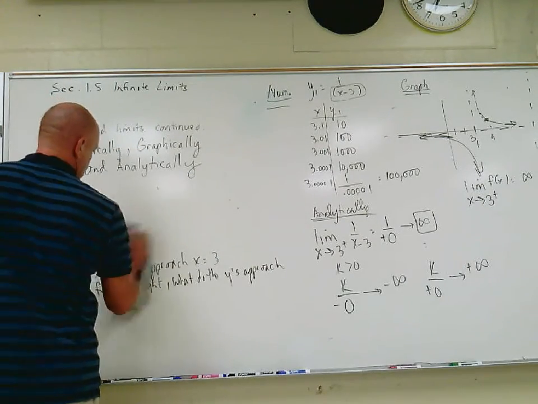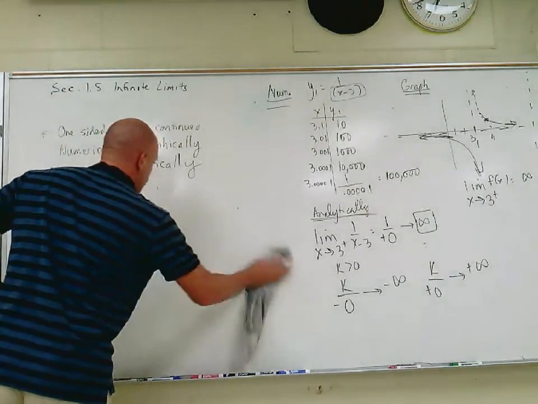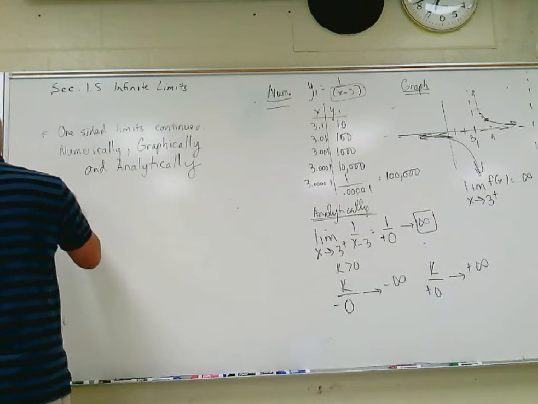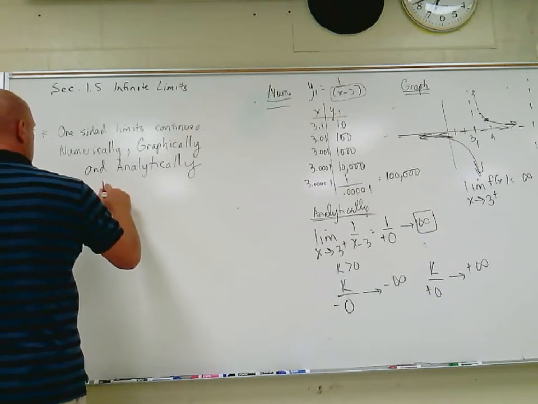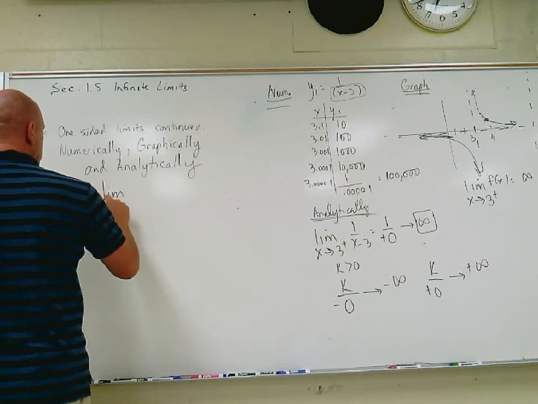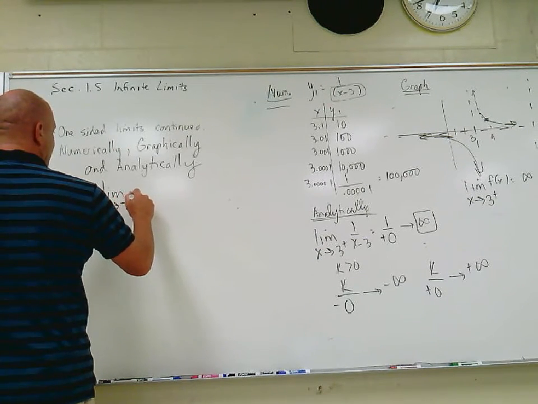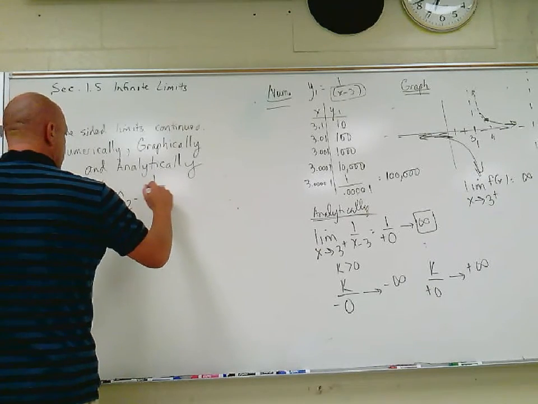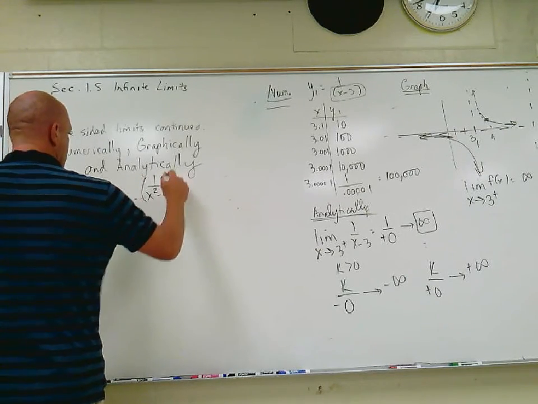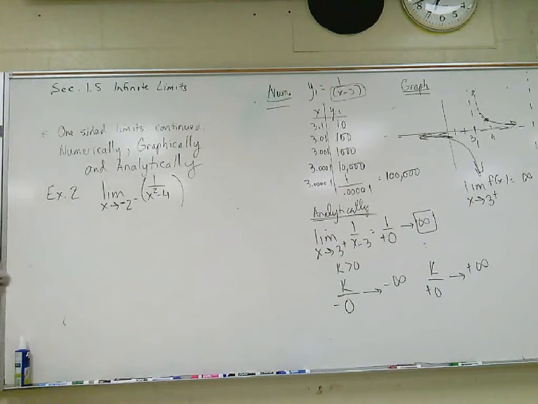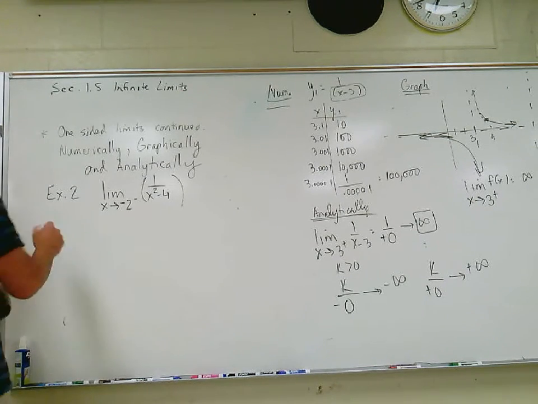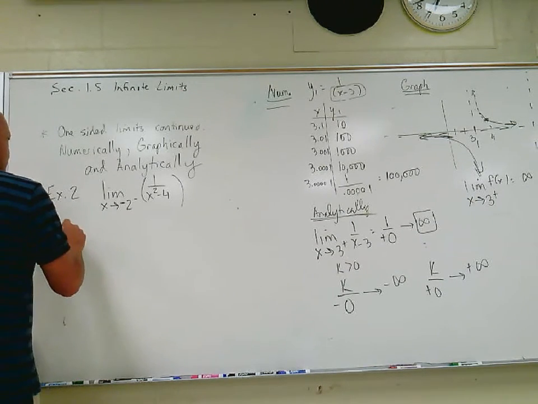Okay. So let's try another one. We'll call this one example 2. And say the limit, we're going to do the limit as x approaches negative 2 from the left of 1 over x squared minus 4. It's not always going to be 1 over, I'm just starting off. So let's try these.